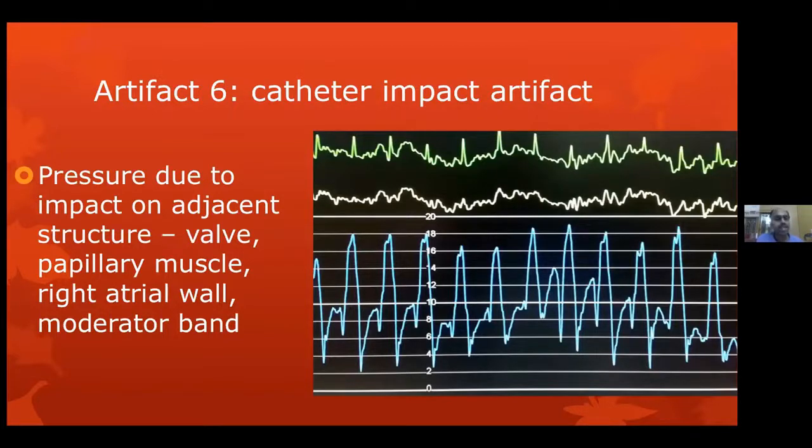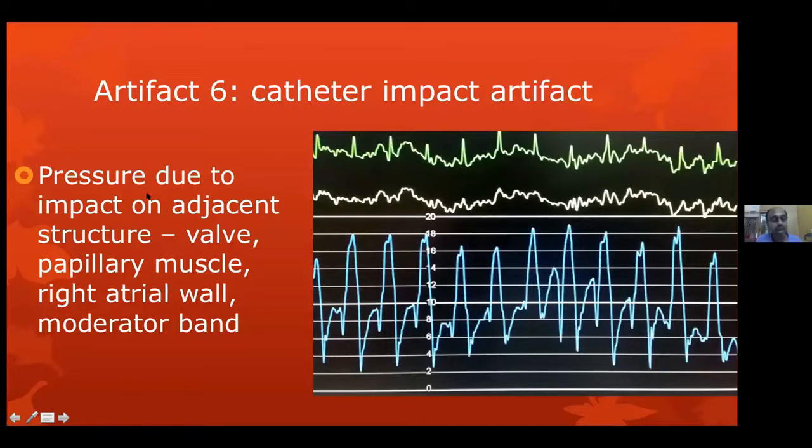Catheter impact artifact: if the catheter is impacting on any structure, there will be an artifactual elevation of the pressure due to the impact. So ideally, the catheter needs to be free in the cavity, which we cannot always maintain. A simple right atrial catheter abutting the right atrial wall gives bizarre traces.